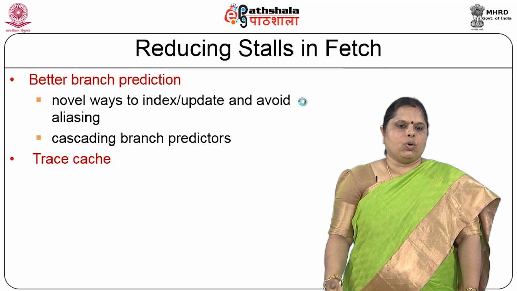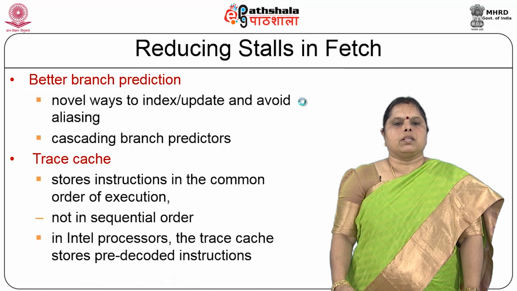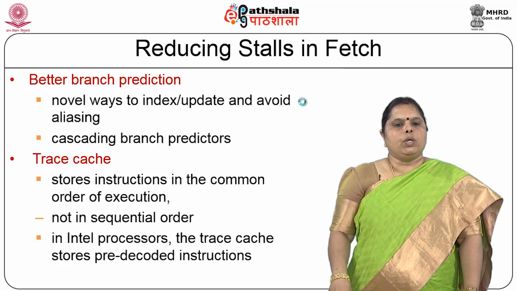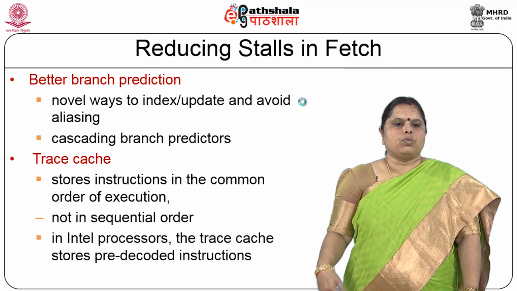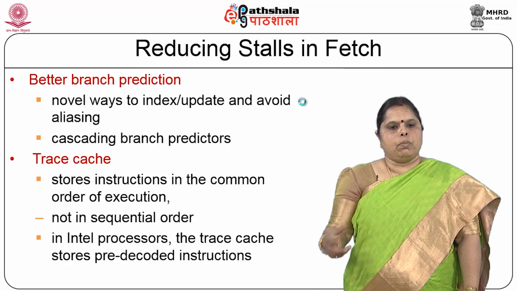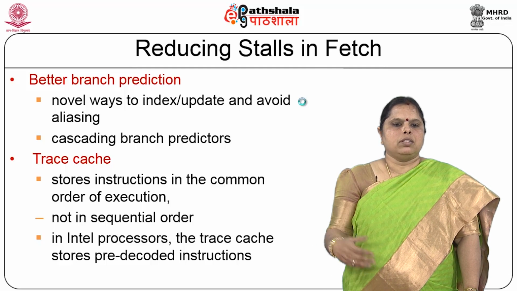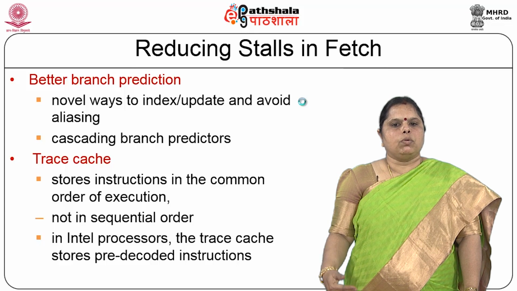You will also have to look at advanced techniques like trace cache, where you are not assuming a sequential flow, but you trace the actual flow of execution across different branches. This actual trace is stored in a trace cache, and you try to fetch instructions based on the trace cache. These are some of the techniques that you will have to use if you are looking at ambitiously fetching instructions.